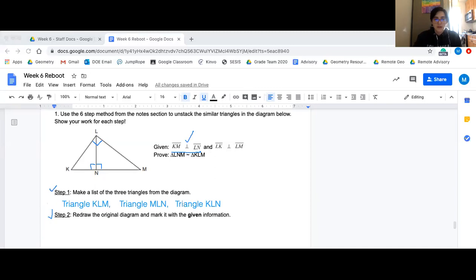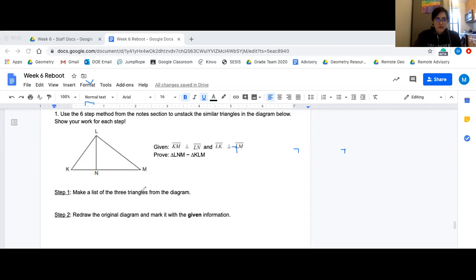So I'm going to clear my drawings for now, and we're going to look at it on this piece. Okay, so here are my triangles that I've drawn. I'm going to start by putting in my right angles from my original diagram, which remember were right here. So once you've drawn yours, they can be oriented any direction as long as they all match. I put my right angles down here. Okay, so I'm marking my right angles.